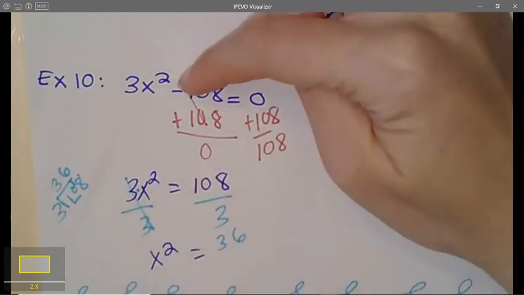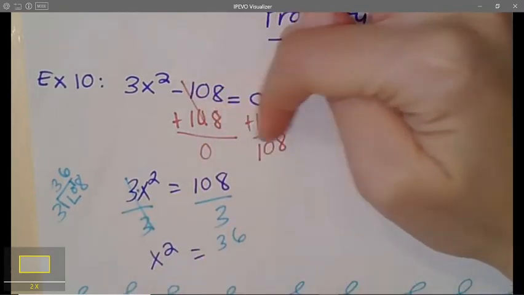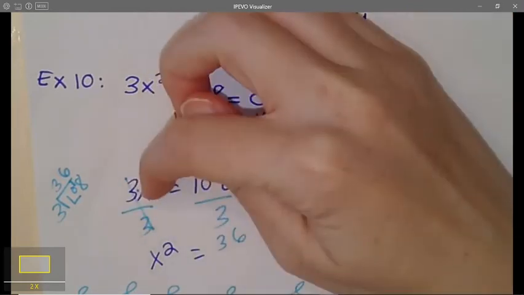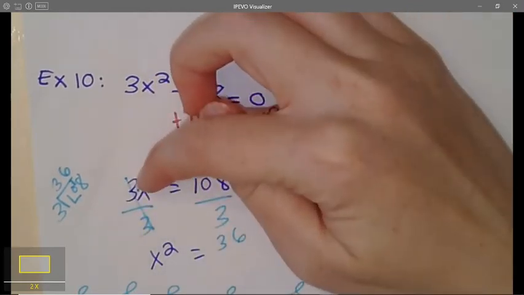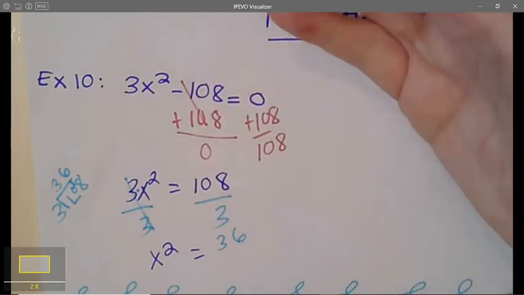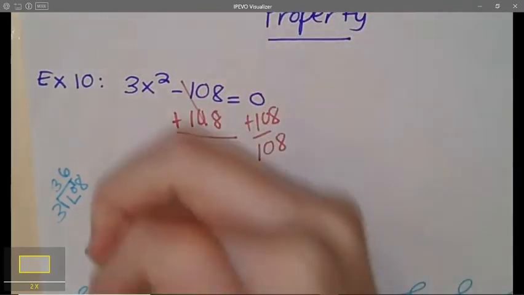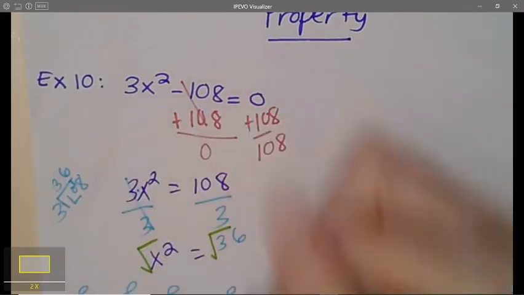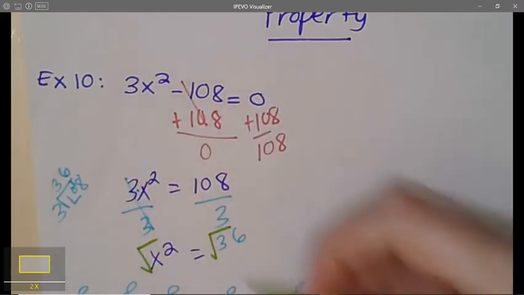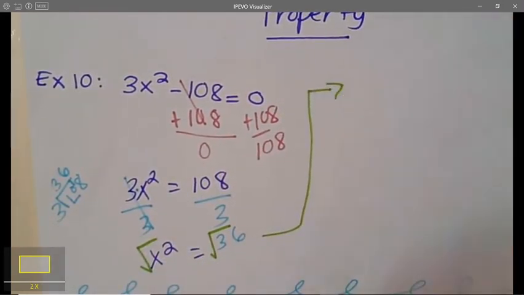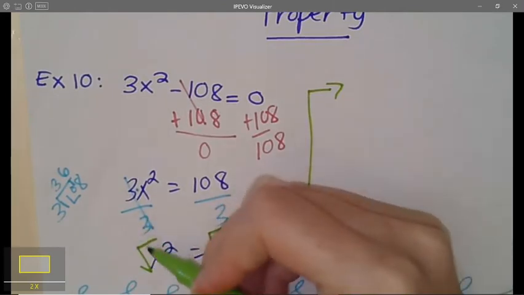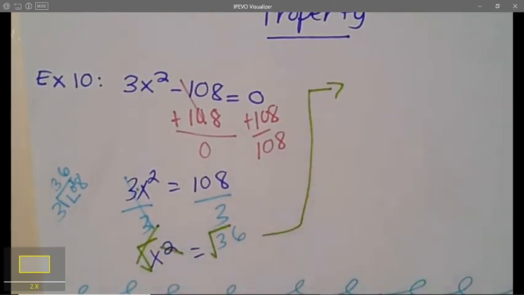The opposite of subtraction is addition. That's why we added on both sides. The opposite of multiplication is division. That's why I divided on both sides. Well, the opposite of a square is a square root. So this is telling me to square root both sides. I'm going to bring this up here because I'm running out of space. The square root will cancel out the square.